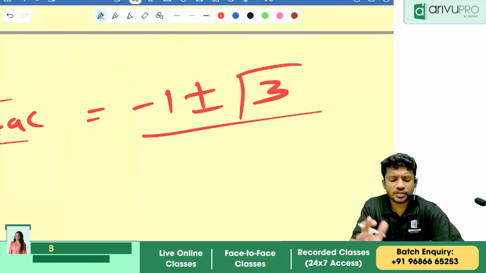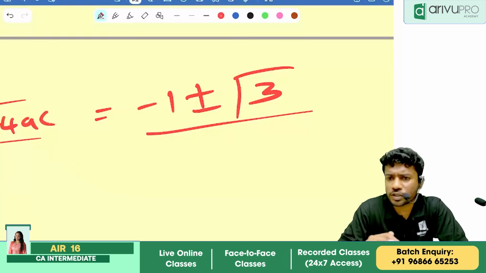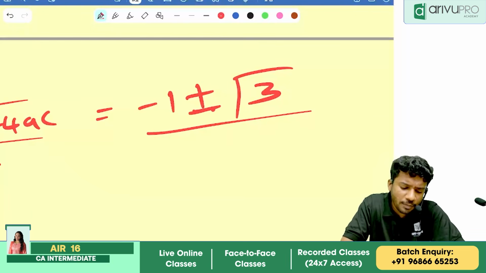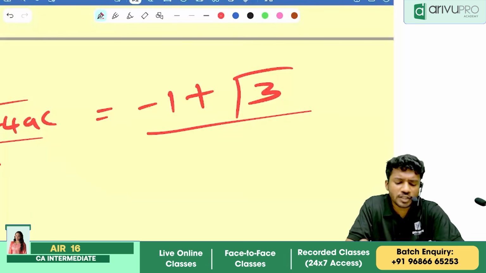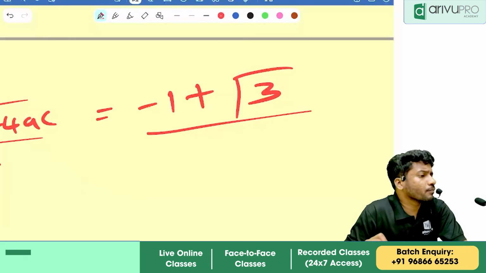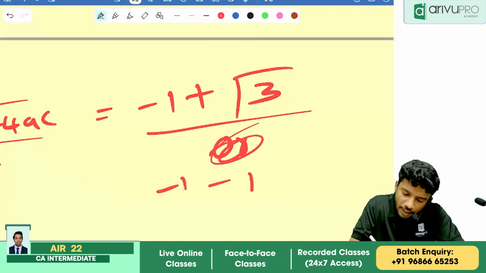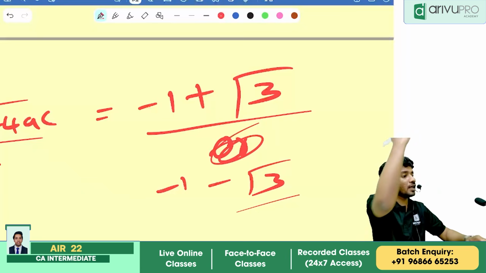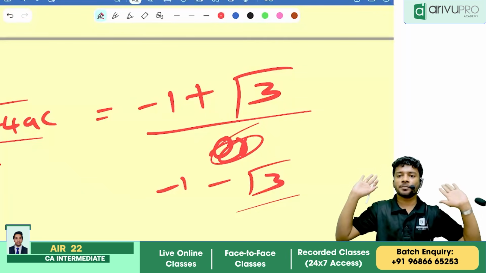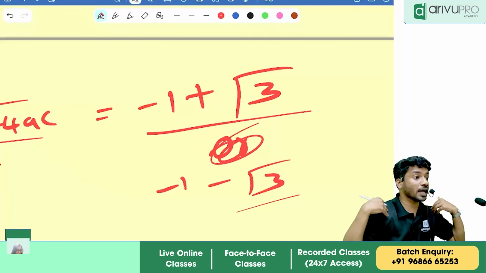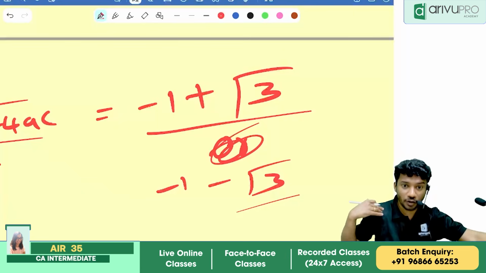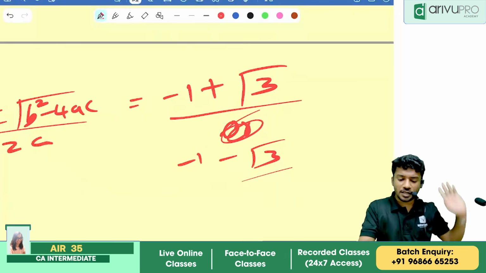So minus 1 plus or minus root 3 is the root. 2 roots are there. Now I am telling you, one of the roots is minus 1 plus root 3. The other root will automatically be minus 1 minus root 3. Automatically the other should be minus, because of how we find the x value: minus b plus or minus root of b square minus 4ac.